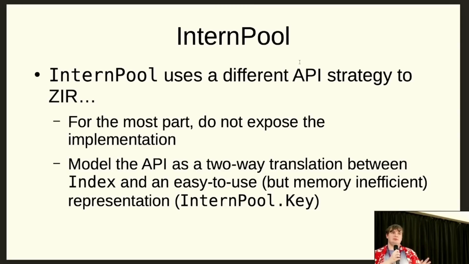So as I was saying, it uses a different API strategy. We don't expose the implementation. Instead, we model the API as being a translation between this index, which is an opaque handle, and a convenient, but not necessarily memory efficient type, in this case called Key.